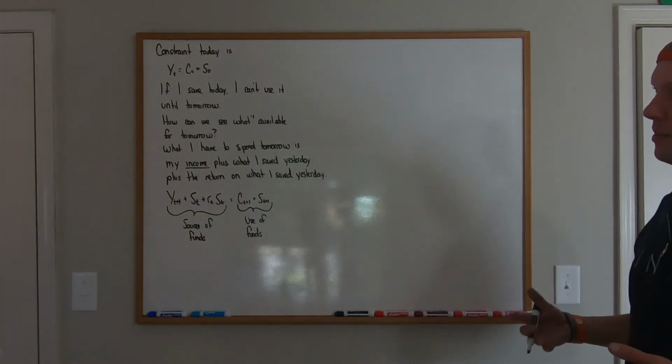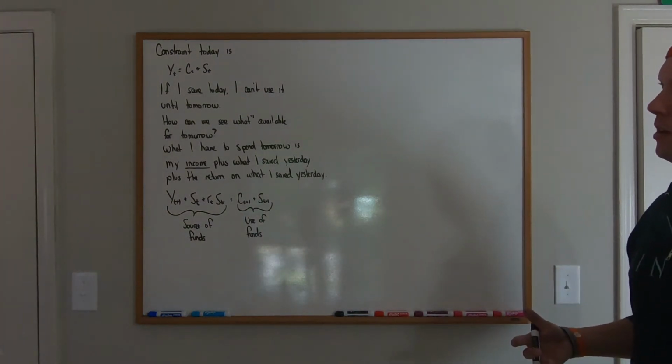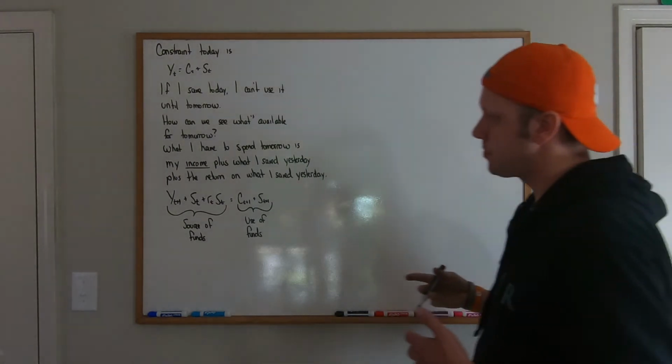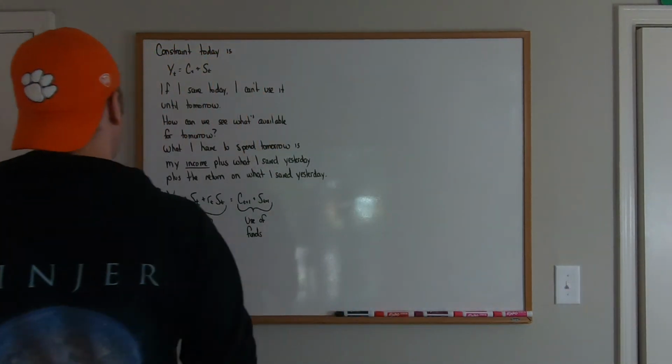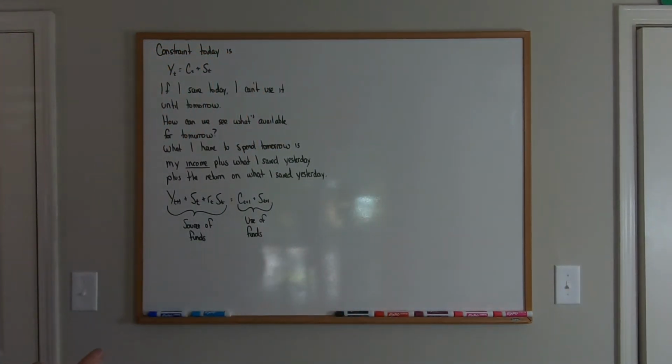So if we have positive savings, that means we can't really consume as much as we wanted to. If we have negative savings, if we're dissaving, we're borrowing. And if we're borrowing, that allows us to essentially have more resources at our disposal this period, but we got to pay it back.